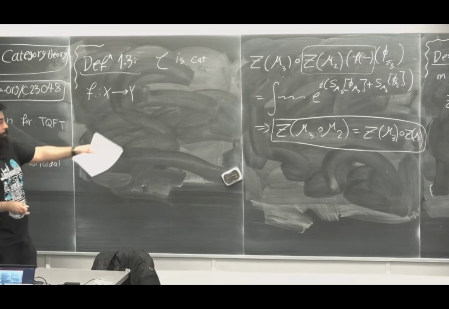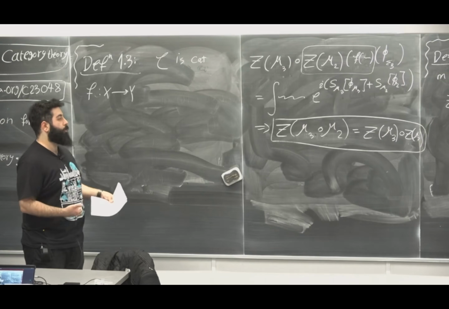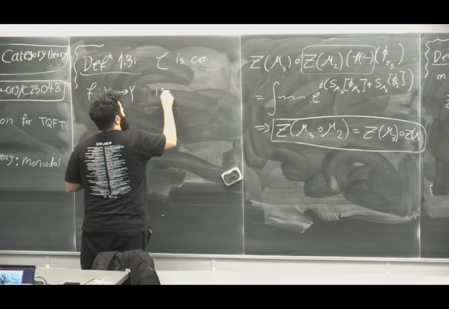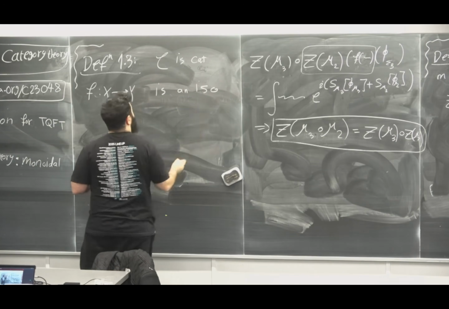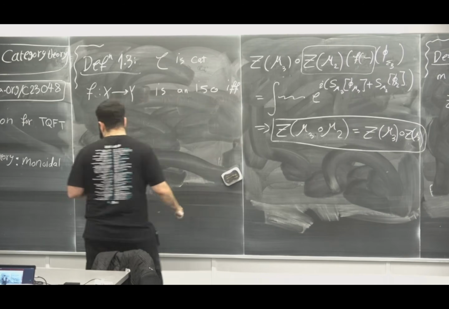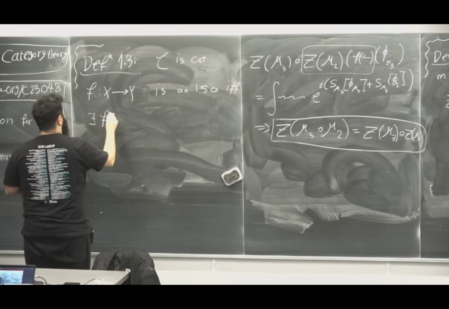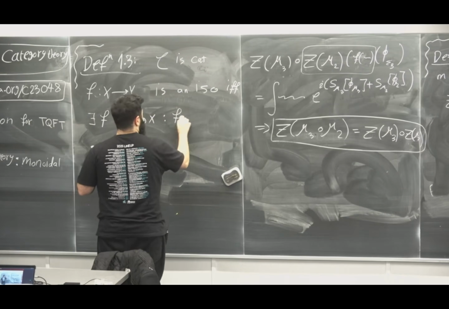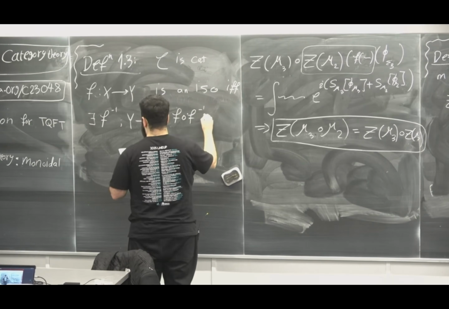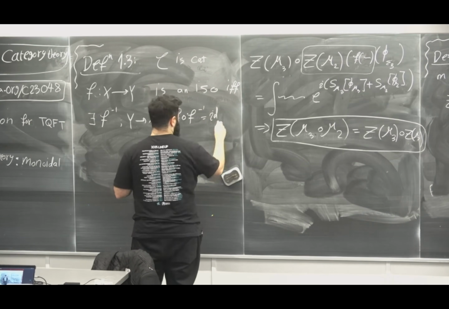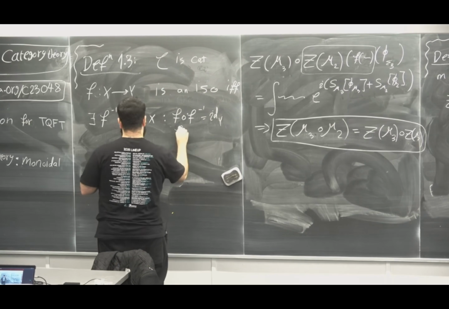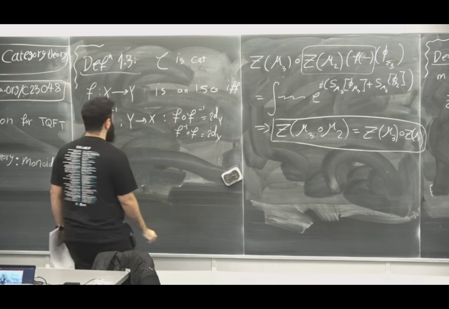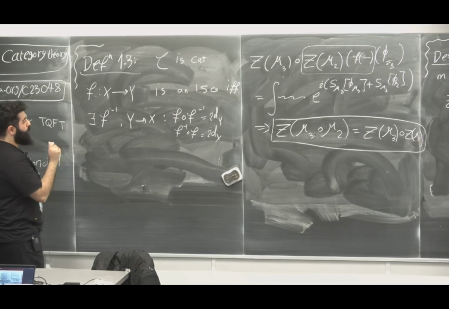For sure. Those are going to be the most important categories for us. So, f is an isomorphism if and only if there exists an f inverse from y to x such that these compositions give me the identity, and also this, but the identity associated to the input.